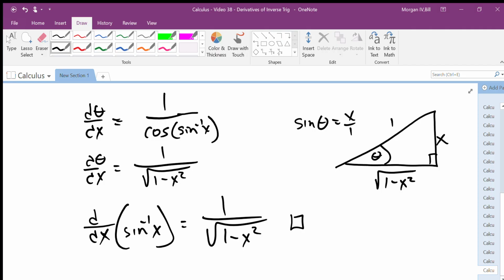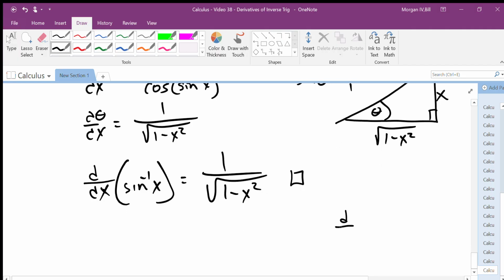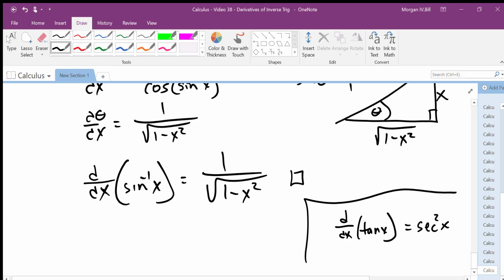One additional point. This part I find quite interesting is when we were doing the derivatives of trig functions, right, if we did like the derivative of, say, tangent of x, our answer ended up being other trig functions, secant squared of x, for example.